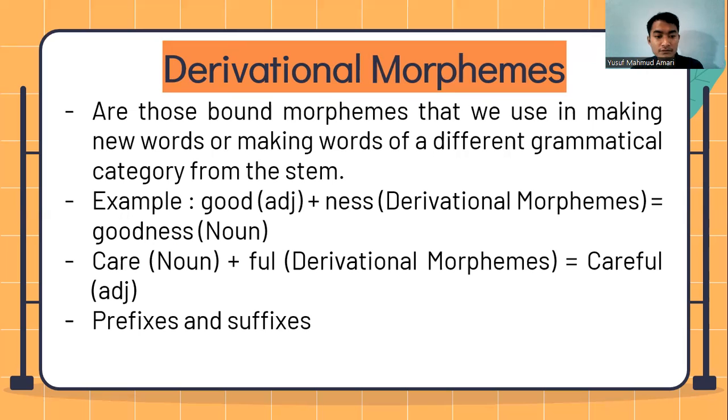Such as "good", the adjective, "goodness", it became a noun. And "care" is a noun, and if we add "careful", it became an adjective. Derivational morphemes are all about prefixes and suffixes.